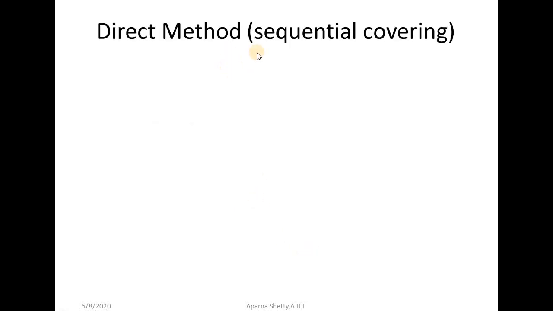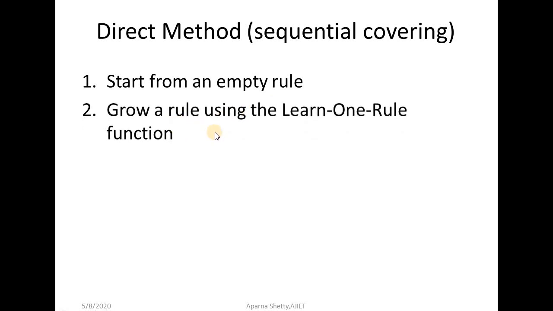Next topic is the direct method. The direct method is also called sequential covering. The steps for the direct method are: first step is to start from an empty rule. Grow a rule using the learn one rule function. First you start from the empty rule set. Next you develop a rule using the learn one rule function.